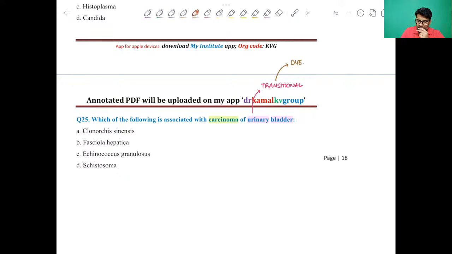But there is one squamous variety which is usually related to one of the parasites, and yes, Dr. Kanaya, Dr. Dia, both of you are right. This is classically Schistosoma. So just remember the histology associated with Schistosoma is squamous, and the commonest one, that is transitional, is related to other etiologies, especially dye exposure, right?